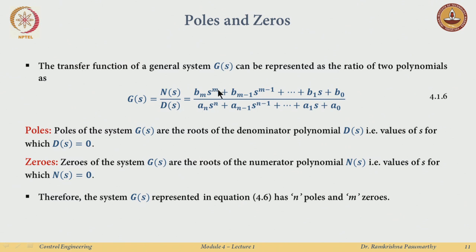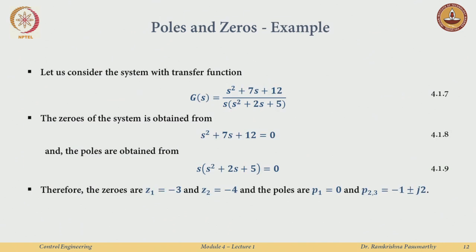Similarly, for the zeros, I equate N of s equal to 0 and find out the values of s for which this equation holds true, right. So, this system here has n poles and m zeros, okay. And of course, the number of poles will always be greater than or equal to the number of zeros is what we will follow throughout.